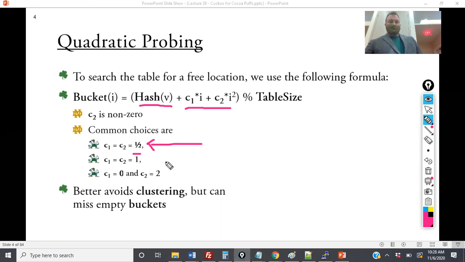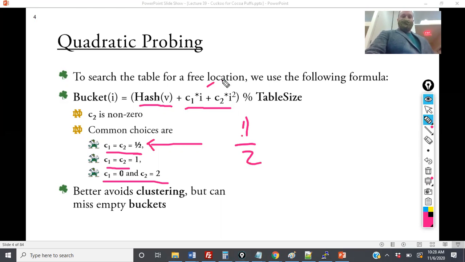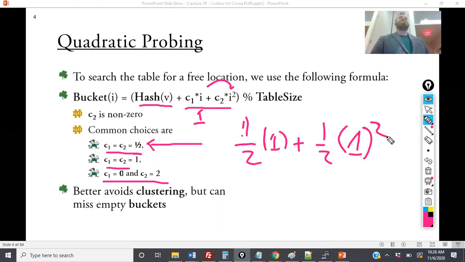We want to pick numbers that are common choices, like 1/2 and 1/2. Let's say we're doing iteration 1: it's 1/2 times 1 plus 1/2 times 1 squared, so that comes out to be 1.